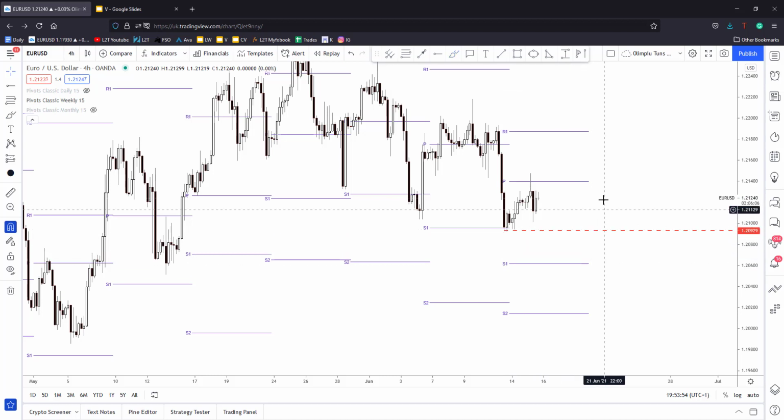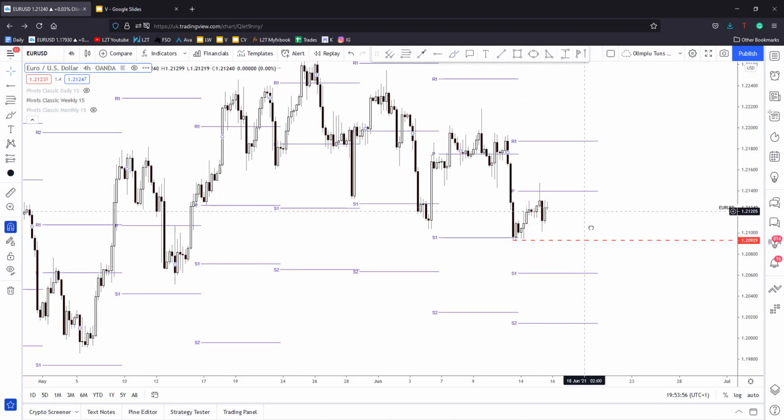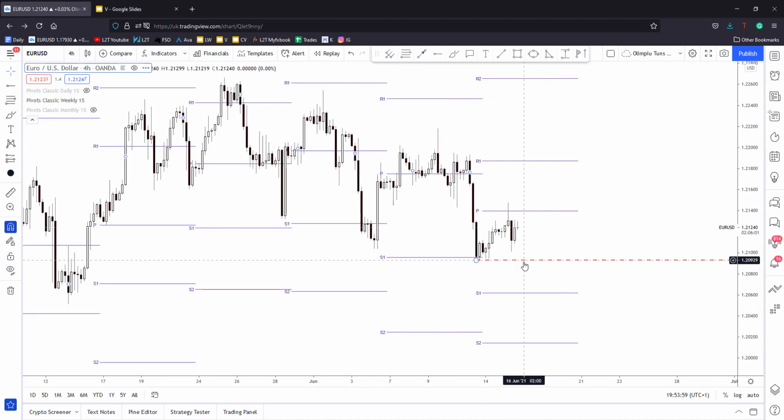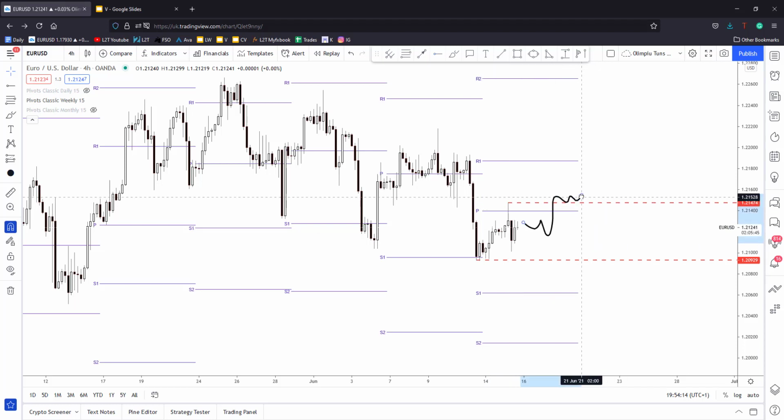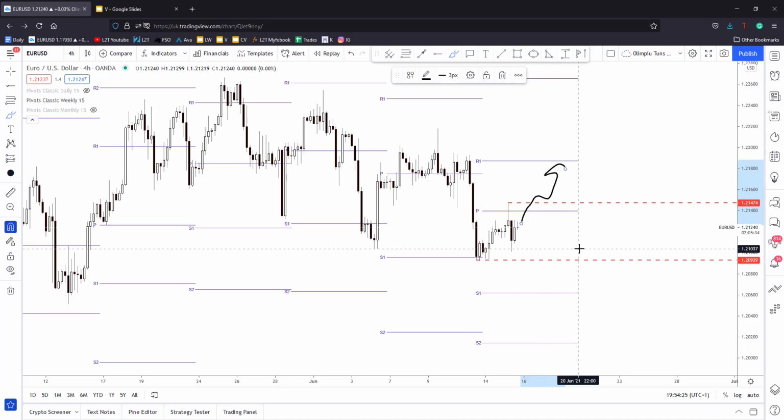And also, if the price stays above 1.2092, moves sideways, and makes a valid breakout to jump, to close, to stabilize, to test and retest the pivot point, and if it makes a new higher high here, to jump and close and stabilize above 1.2147, then it could continue its growth towards the R1.